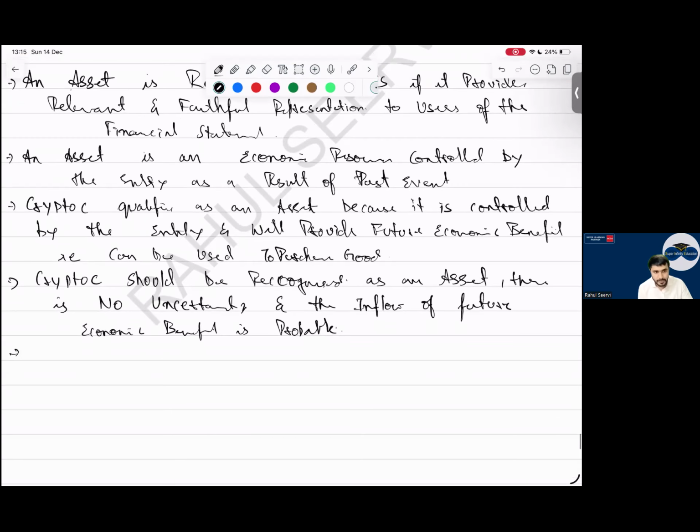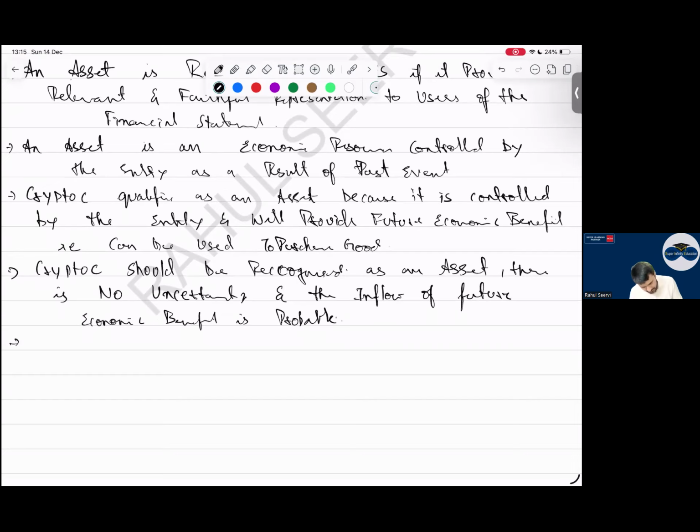Yes. After this, can I say as per conceptual framework, what are the measurement bases here? As per conceptual framework, there are two measurement bases.